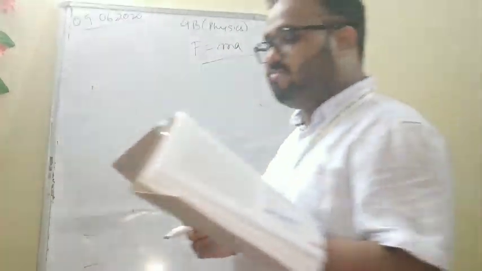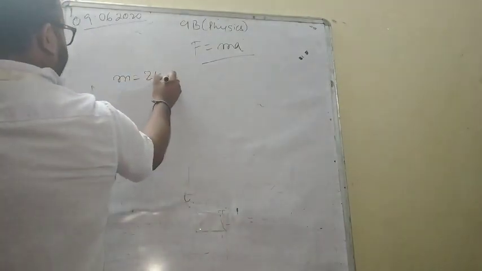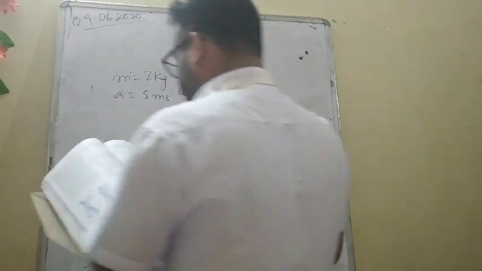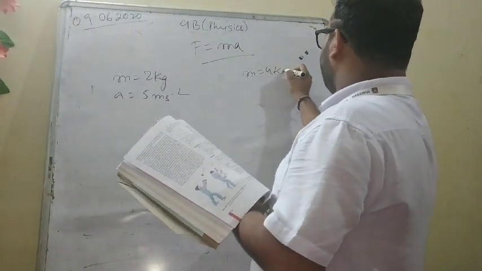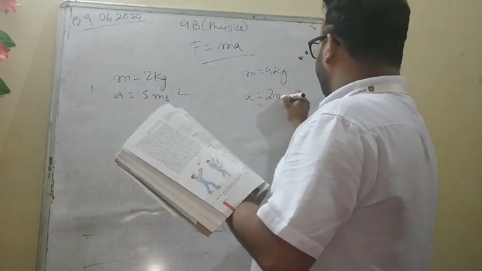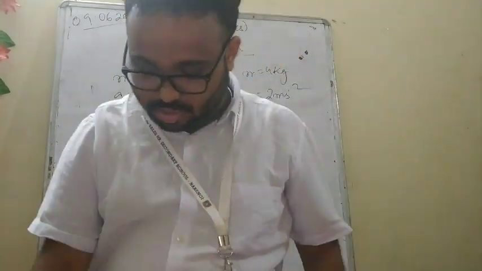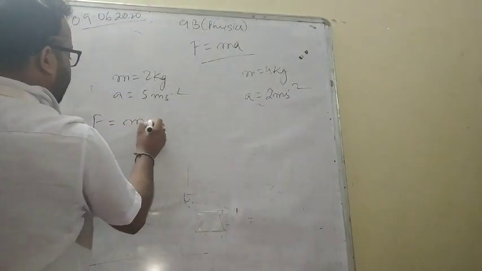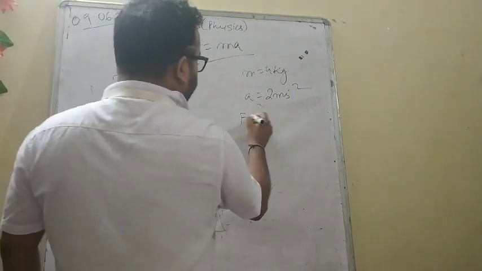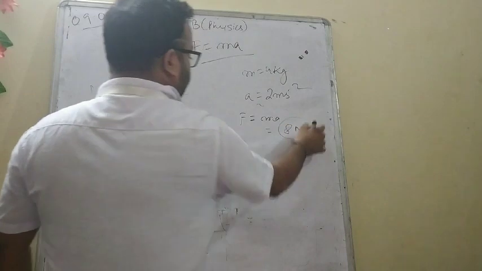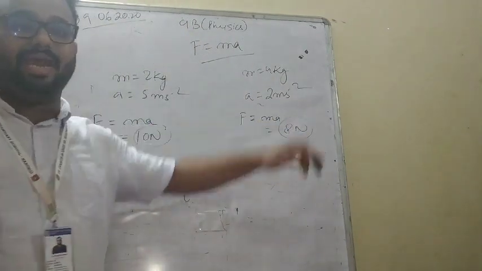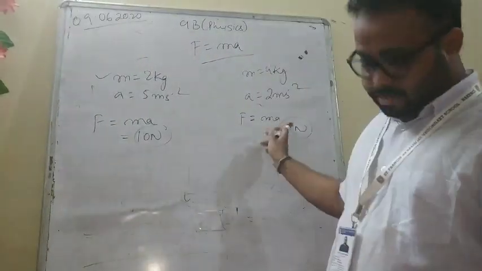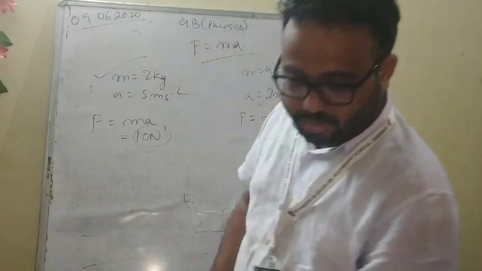One is 2 kg and acceleration is 5 meter per second square. Another is mass 4 kg and acceleration 2 meter per second square. So here F is equal to ma, that is 10 Newton. Here F is equal to ma, that is 8 Newton. So 10 Newton is more than 8 Newton, hence this force will be more.